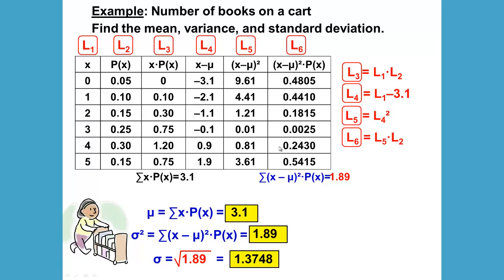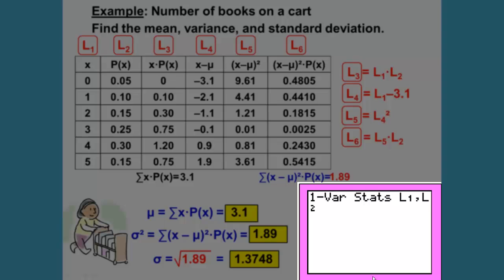And so to check that, we want to type var stats list 1, comma, list 2, and then press enter. And again, to get var stats, you will press Stat, over to Calculate, and choose var stats under the Calculate menu.